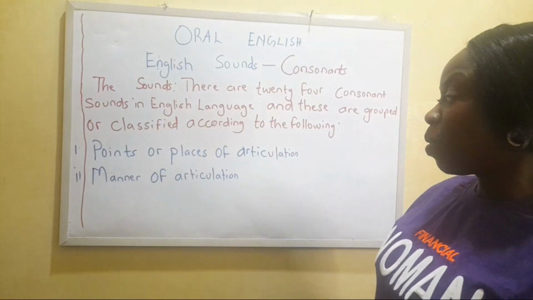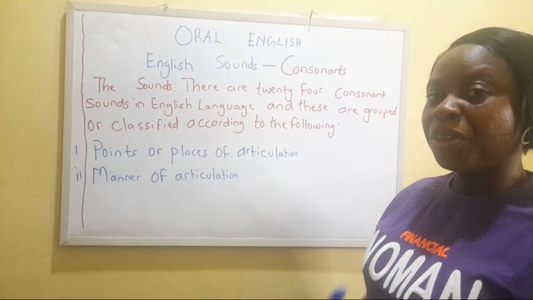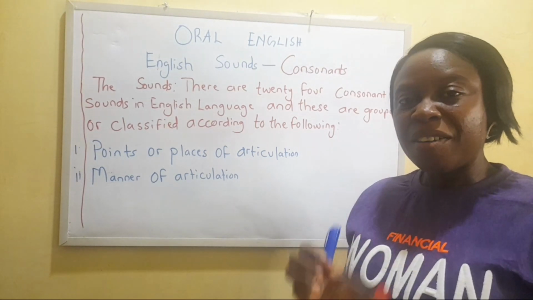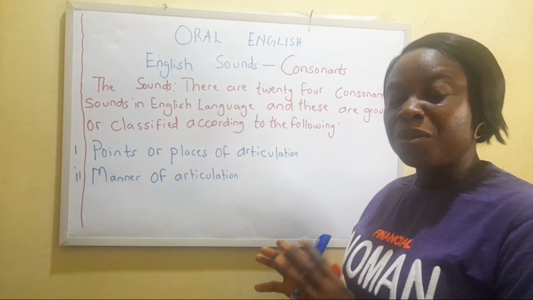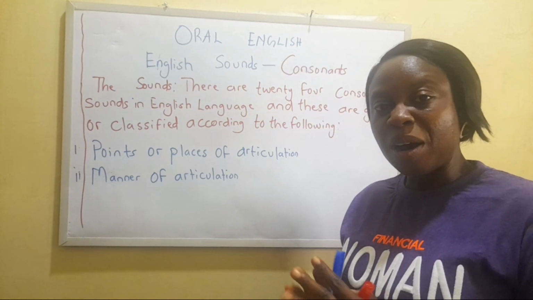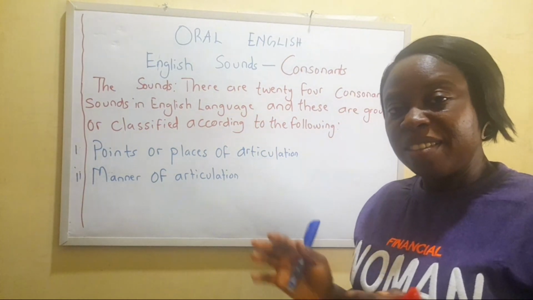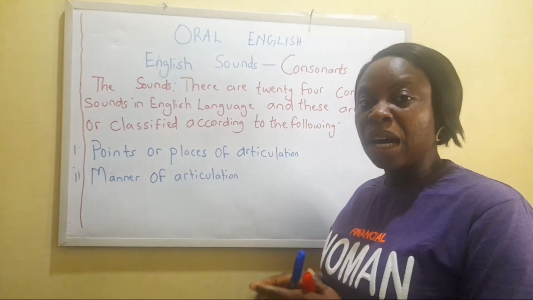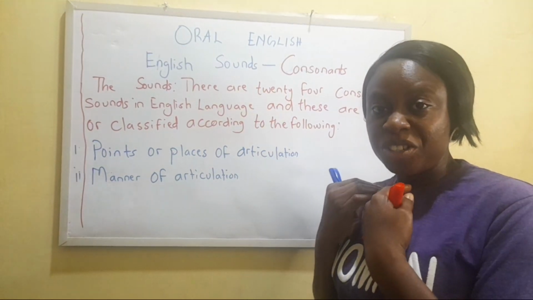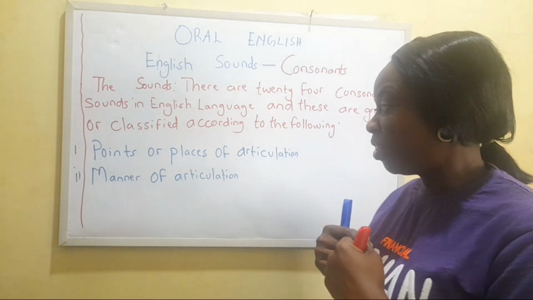What do we mean by points or places of articulation? For every sound produced, there are organs responsible for the sounds. These are referred to as organs of speech, majorly in the head and neck region.